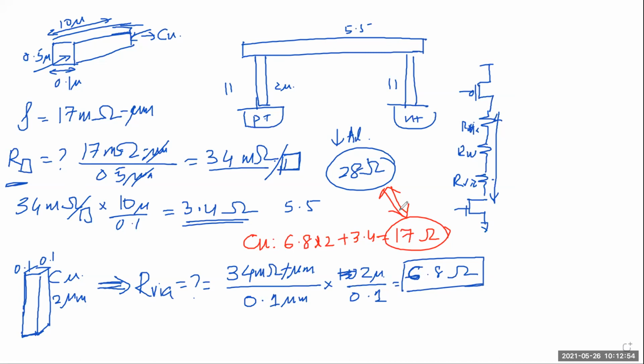So 40%. You have a 40% improvement, which is huge, because getting a 40% improvement in a transistor takes you like 5 to 10 years' worth of process development time. So going from aluminum, tungsten to copper is huge. That's why people want to go from aluminum, tungsten to copper.